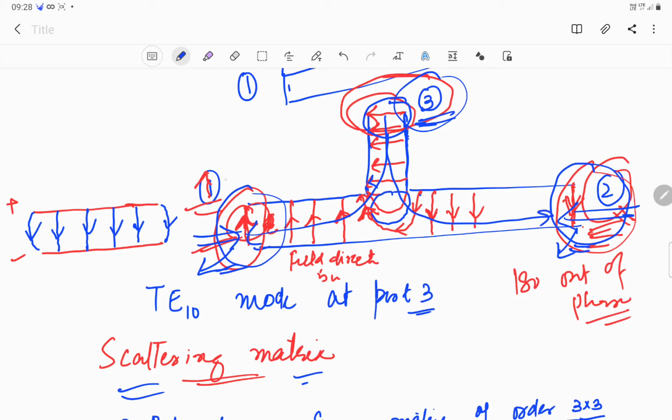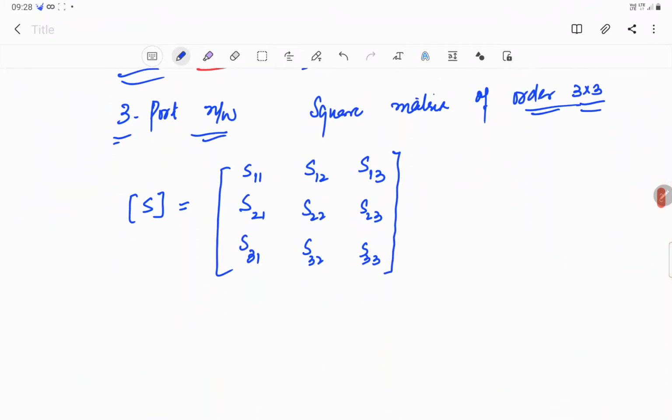That means if this is port 1, this is port 2, and this is port 3, S23 would be minus S13, because of this 180 degree phase difference.